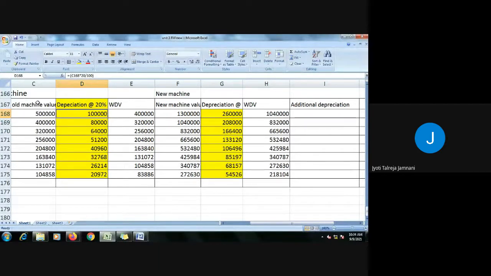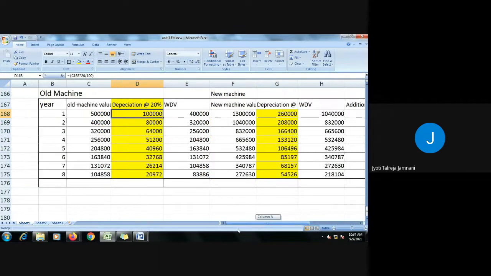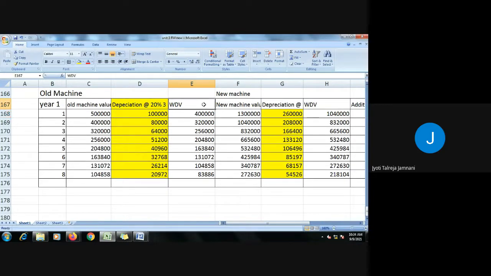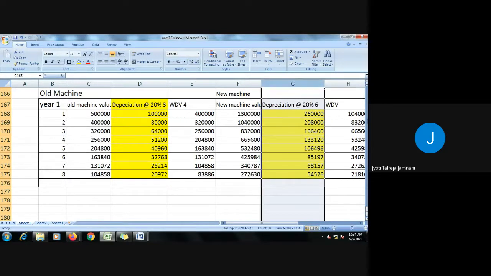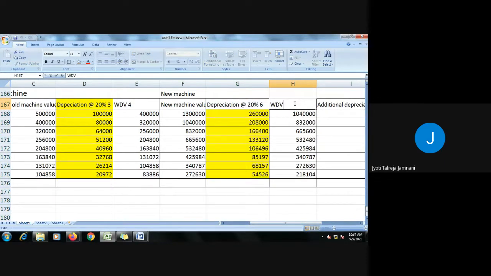Okay, so if I number them column wise, this is column 1, this is column 2, this is column 3, 4, 5, 6, column 7.